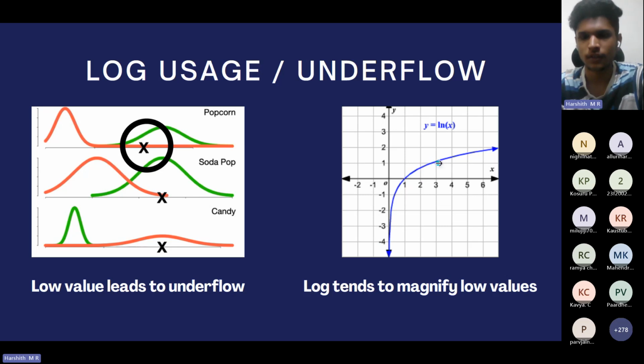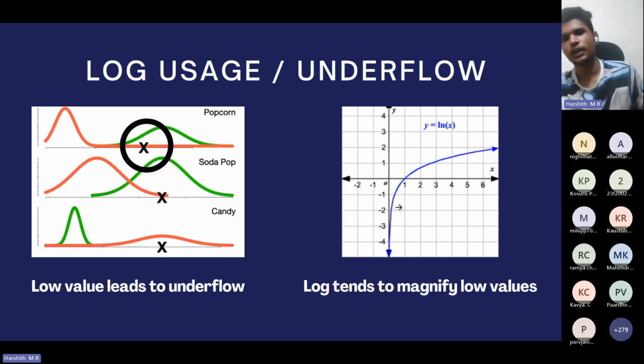For understanding multinomial naive Bayes, you don't need to know the log properties. You just need to know that for lesser values of x, the log value is more. So when you put small values of probabilities in the equation of log, you would get higher values, which in turn our computer can store. So that is the use case of log.